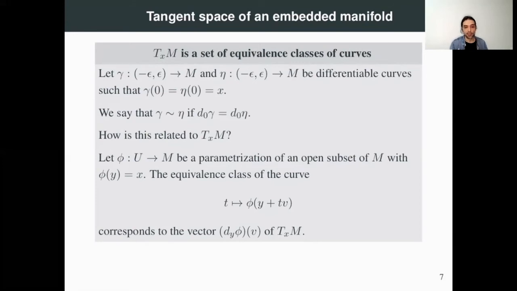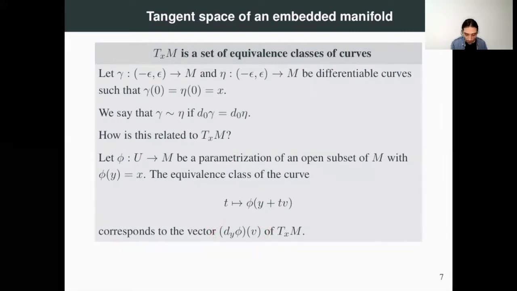Okay, what happens is that if we consider a parametrization of an open subset U, U being a neighborhood of a point x, and we consider the parameter y that is sent to x, all the tangent vectors are of this kind.